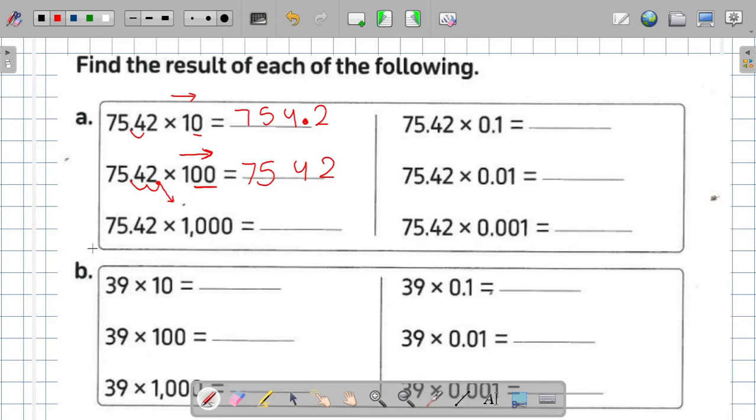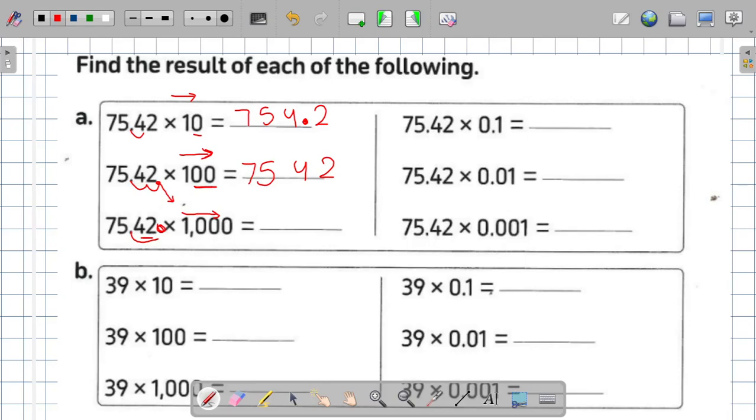Okay, next, I want to multiply by 1000. So I will move the decimal point 3 places to the right. Okay, but here I have two digits. So what can I do? I will put 1 0 here and the value will not be changed. So I will move the decimal point 3 places to the right.